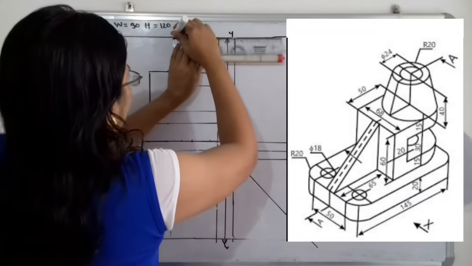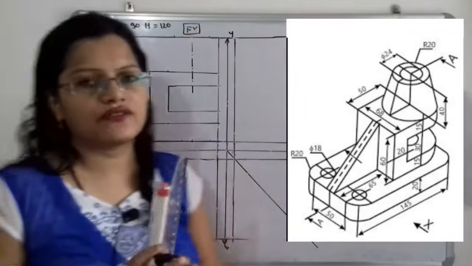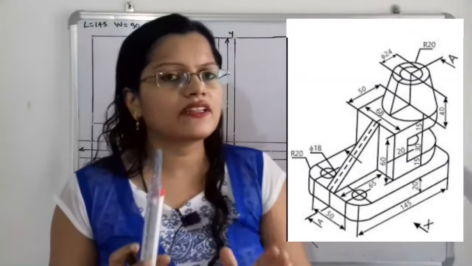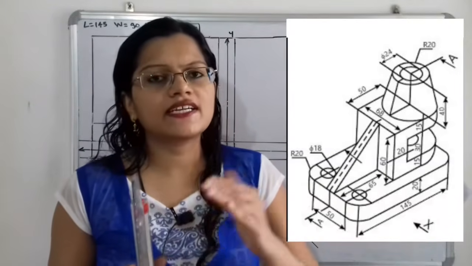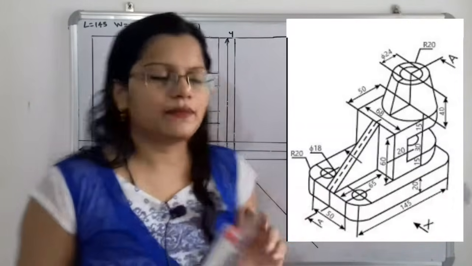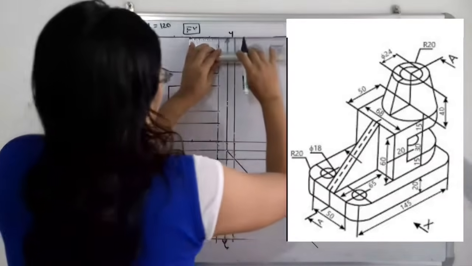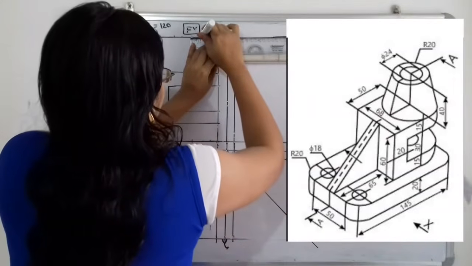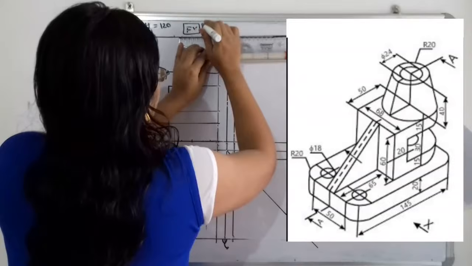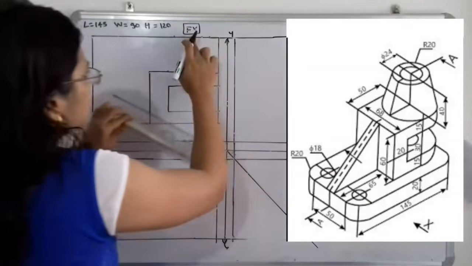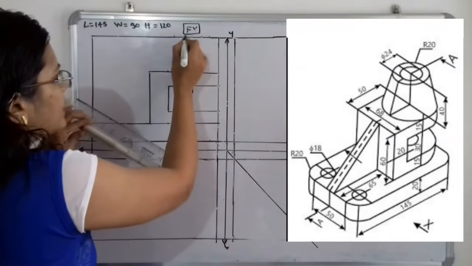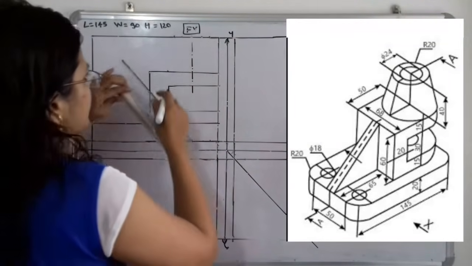And then the inside circle is having phi 24, that is diameter is 24 millimeter. So what is the radius? Radius is 12 millimeter. So we have to select here, that is having 24 millimeter. That is 12 millimeter radius. So from this center we have to select the points having 12 millimeter distance.